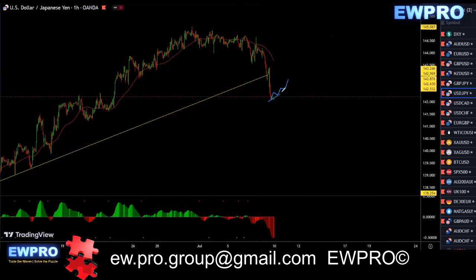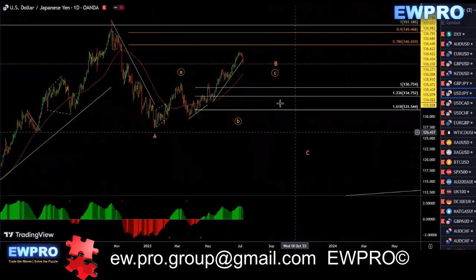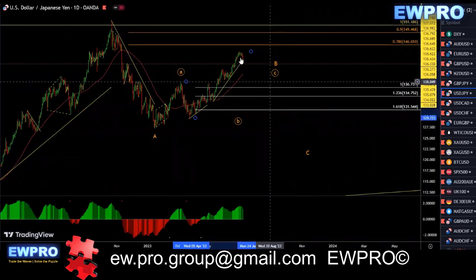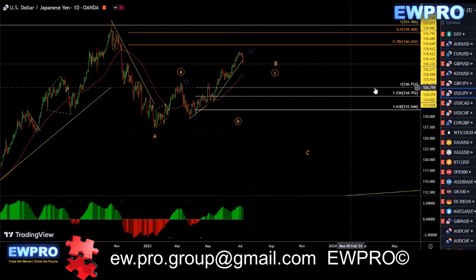You could trade bearish flags down here, but I'd be only looking for the sells. And if I just adjust this fib here, it's already at the top. So you'd be targeting that 100 fib, the 136.73 area.